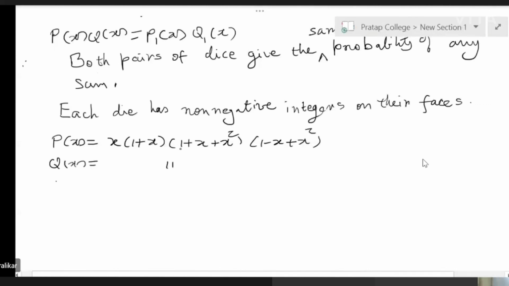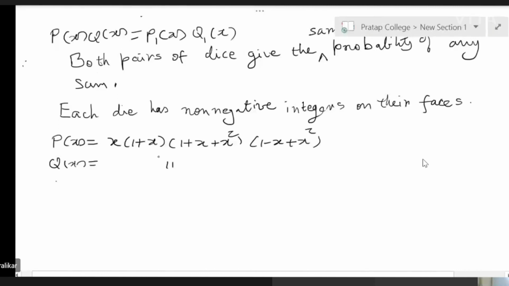But if you also allow 0, non-negative means 0 is also included. So what happens is x has a choice. So x raised to 0 can be a monomial. Then 0 can appear on a face, one can also be allowed as a monomial. So that gives you two more possibilities.